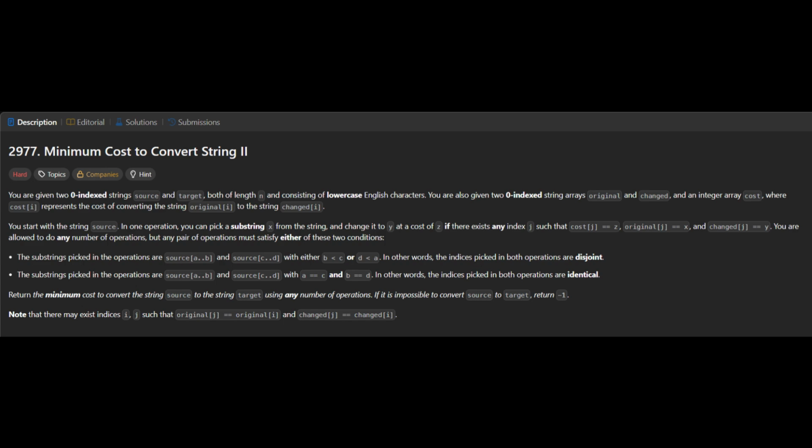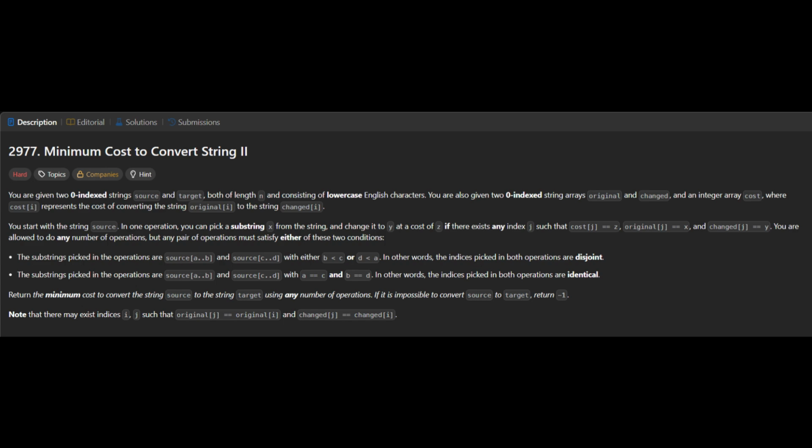That means different substring lengths, multiple possible overlapping replacements, and order of operations matters. We must carefully choose which substrings to transform and where. This turns the problem into a combination of string DP, graph shortest path, and careful interval handling.